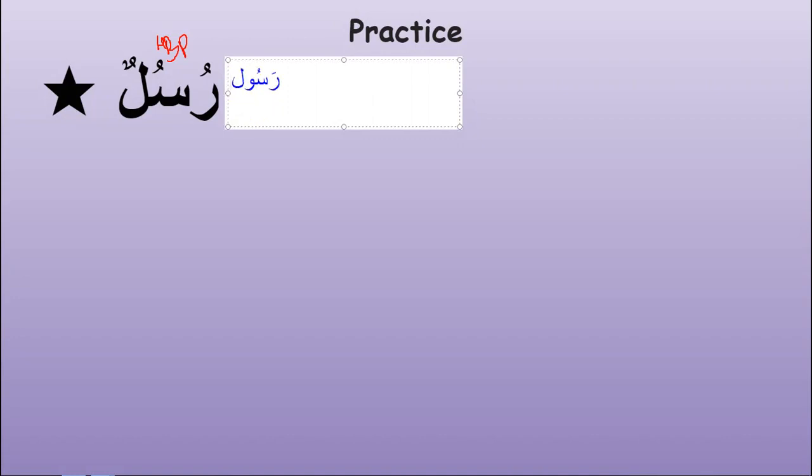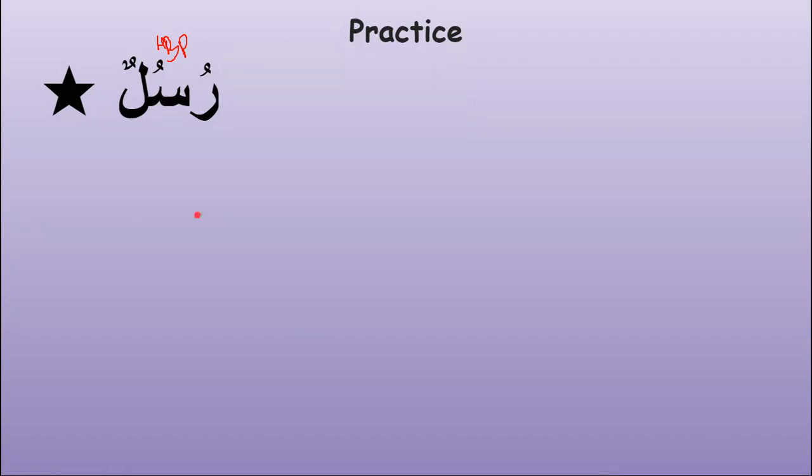Rasul is singular: rasulun, rasulan, rasulin, rasulani, rasulaini, and we're never going to say rasuluna. They will say what instead? Rusul. Rusul is the plural of rasul. You got it? Okay.